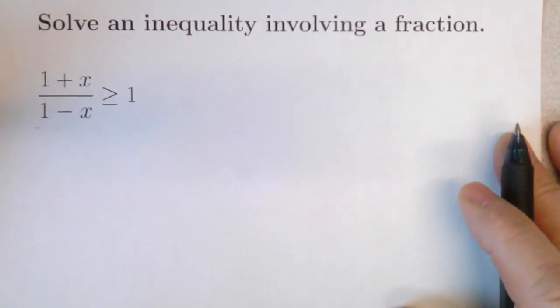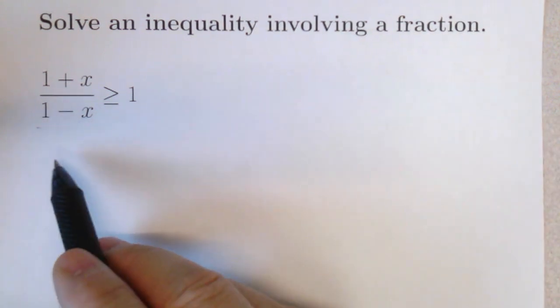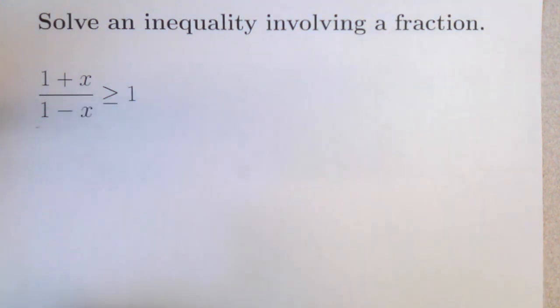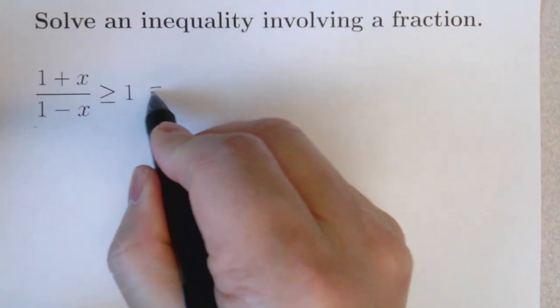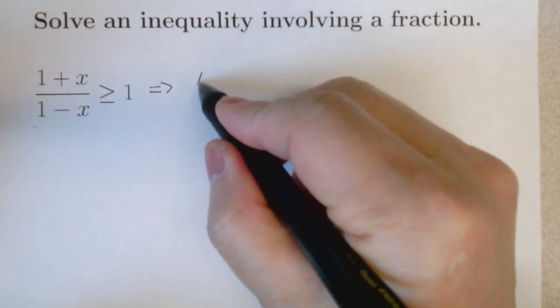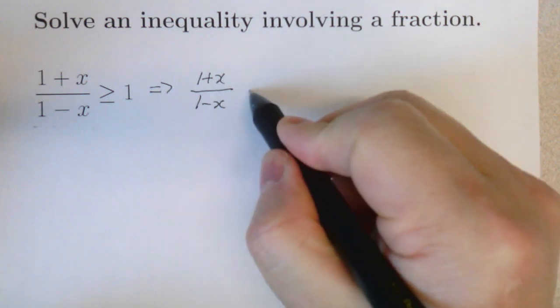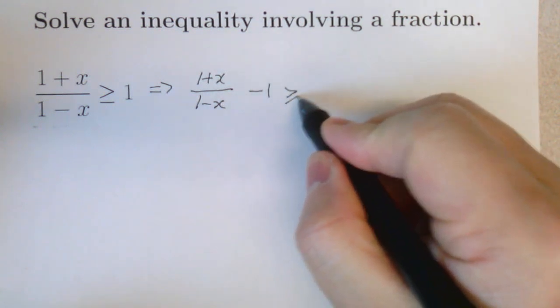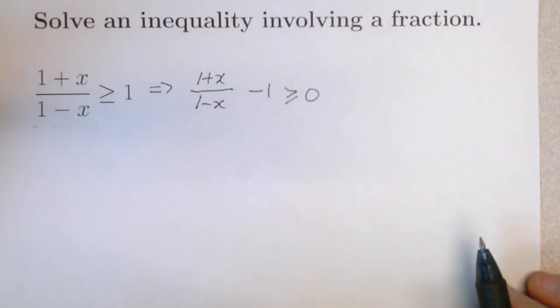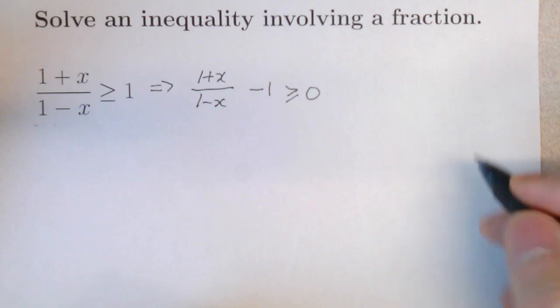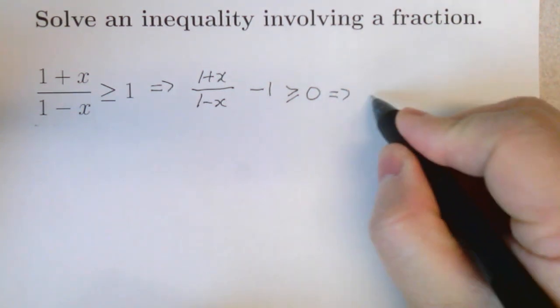When we solve this kind of inequality, we always make one side equal to 0. So for this case, we want to subtract 1 from both sides. We're going to have (1 plus x) divided by (1 minus x) minus 1 greater than or equal to 0. Then we combine these two terms together, so we get a common denominator, which is 1 minus x.